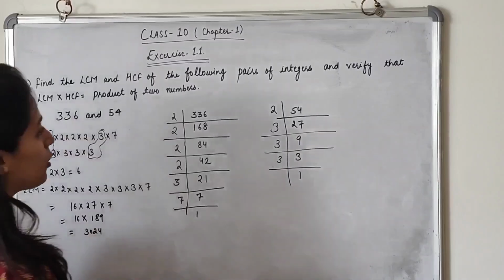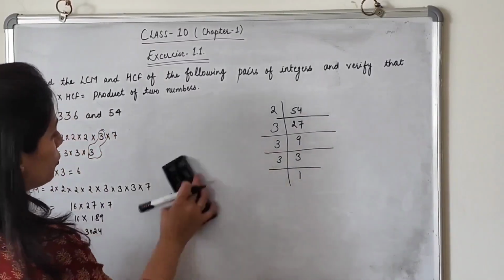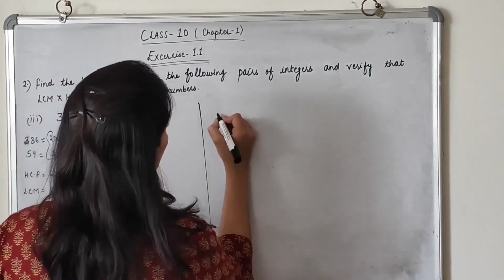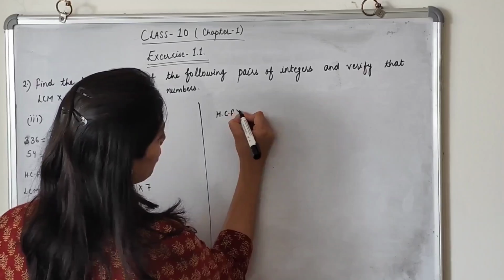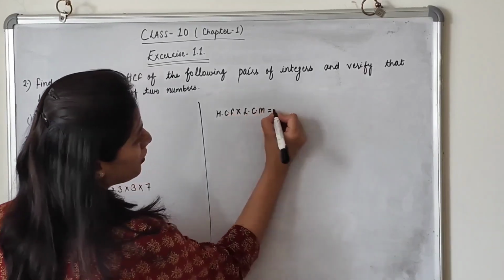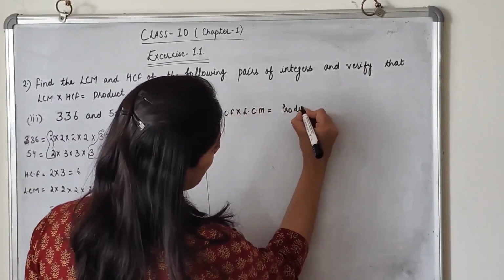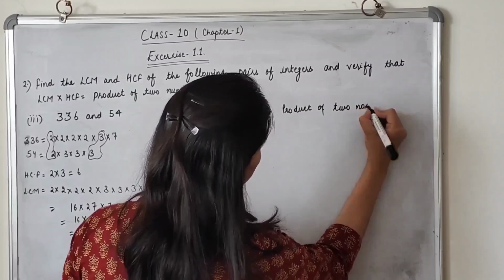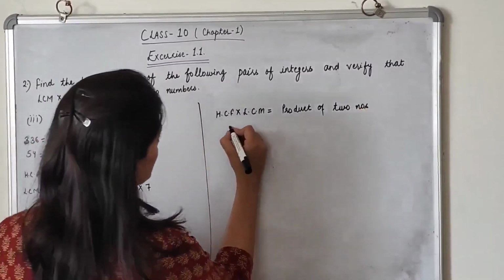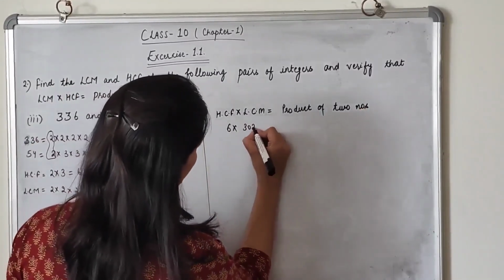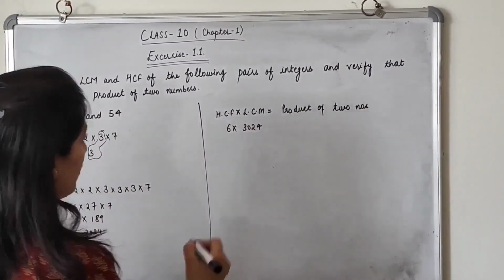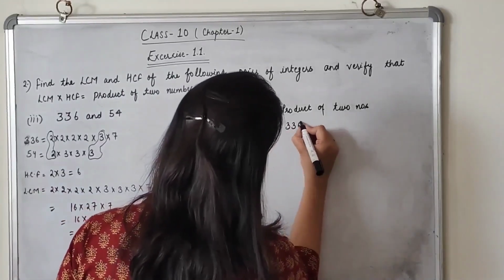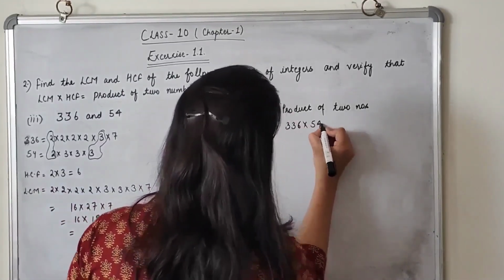Now we have to verify the result. LCM cross HCF is equal to the product of two numbers. So how will we do it? HCF cross LCM is equal to the product of two numbers. What is the HCF? HCF is 6, LCM is 3024, and the product of the two numbers is 336 into 54.